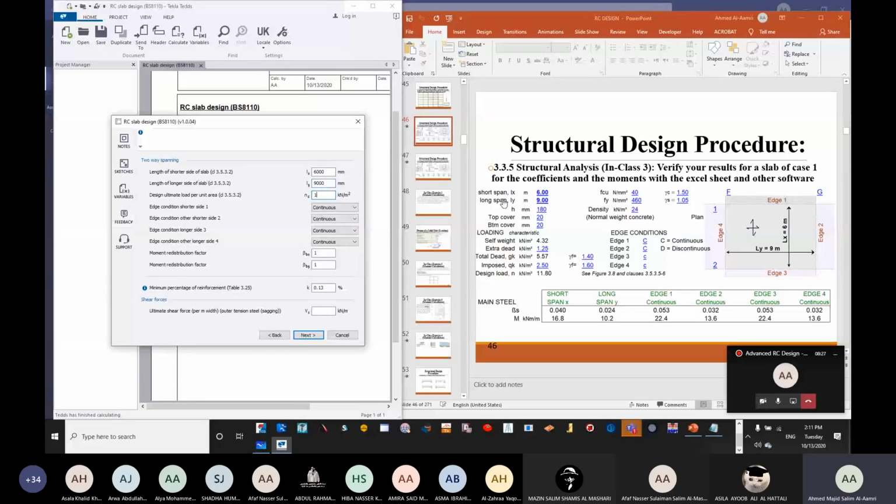The total loading for W, so 11.8. And then we have continuous beta redistribution factor. Remind me later to explain for you what's the meaning of redistribution of moments. Minimum is 0.13%. Ultimate shear force, still till now we didn't get it. You can keep it as any value for the meantime.